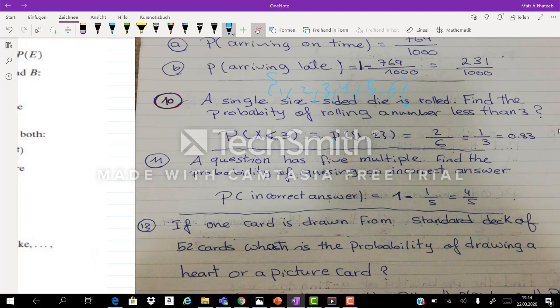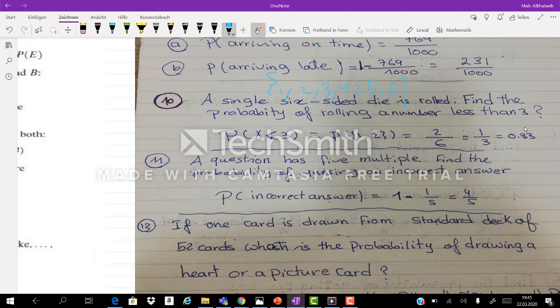It's very easy. Now we go, a question has 5 multiple choices. Find the probability of guessing an incorrect answer.